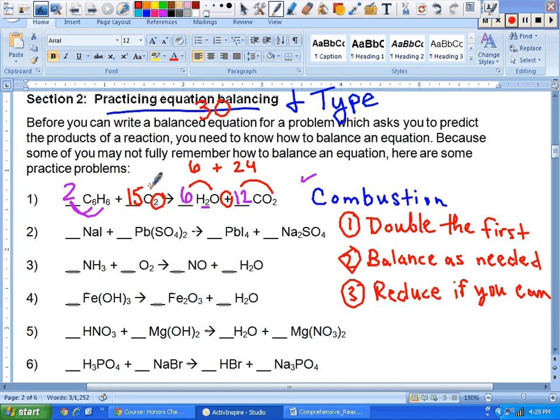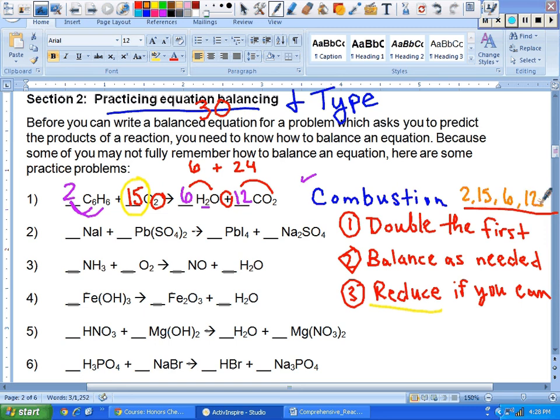No, you can't, because 15 is odd. So your final answer to this, and if you want to write it out here somewhere due to space, I'll tell you what, let's go ahead and do it. It was going to be 2, 15, 6, and 12. That should be what you should have.